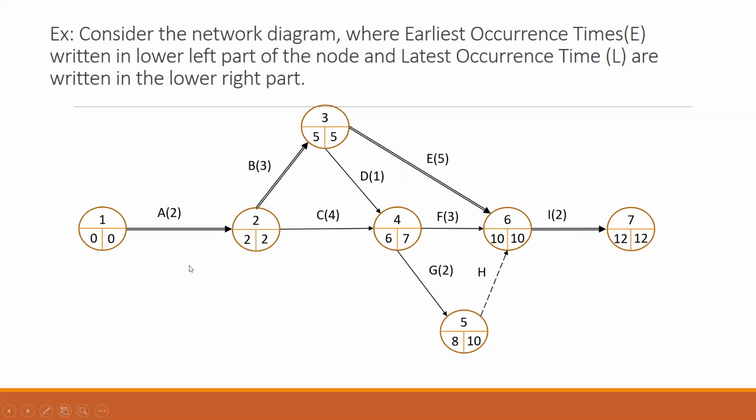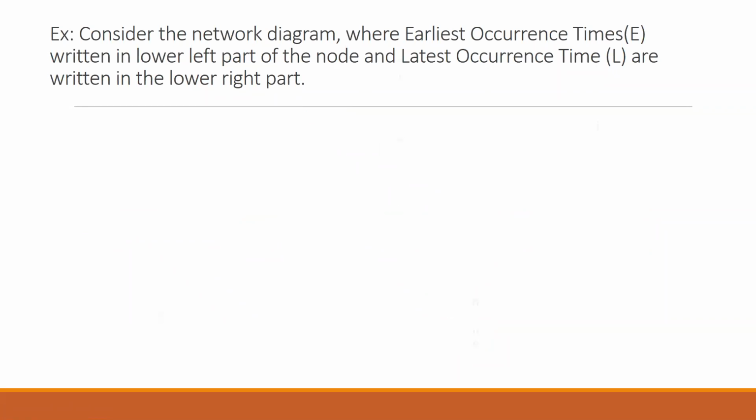Okay, which can be easily taken from the position from the arrows which we have drawn before. So doing the forward pass and the backward pass, we can find out the values of EI and LI as well. Okay, you might have gone through the formulas which I have given you previously. Let us continue.